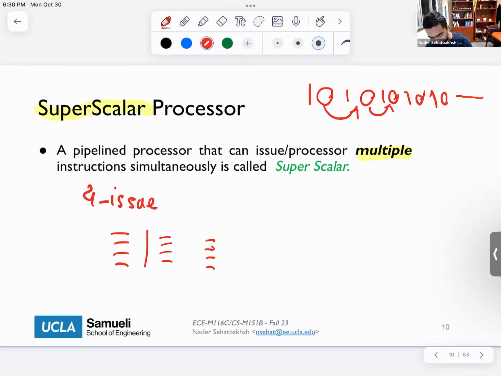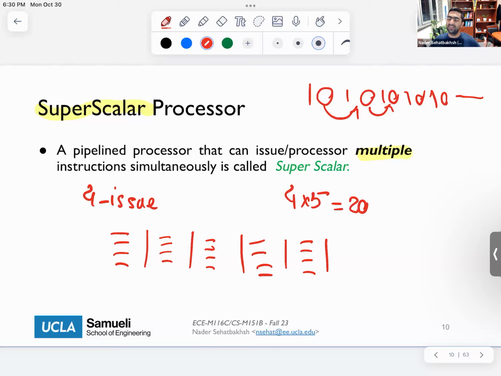So if I have a 5-stage pipeline with 4 parallel lines, effectively I have 4 instructions and 5 stages of pipeline. Effectively, I'm running 20 instructions. So there are 20 different, completely separate instructions inside my pipelines. They're all running and switching at the same time. Okay, this is how we're going to get to a significant speedup.